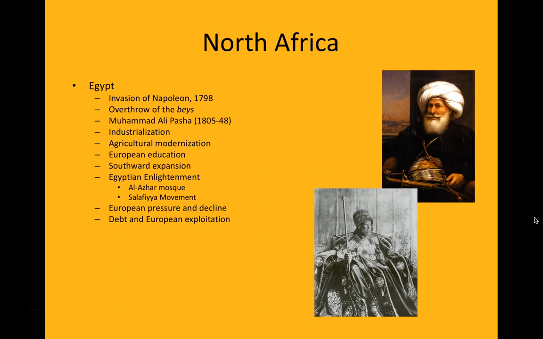But in any case, the Salafia movement really is all about trying to get back to original Islam, to go back to Islam as it was constituted in the 7th and 8th centuries during the time of Muhammad and his companions, and thus doing away with all of the, as they saw it, accretions or unwelcome additions that had been heaped upon the original teachings of the Prophet, doing away with practices that were not germane to that early Islamic situation.